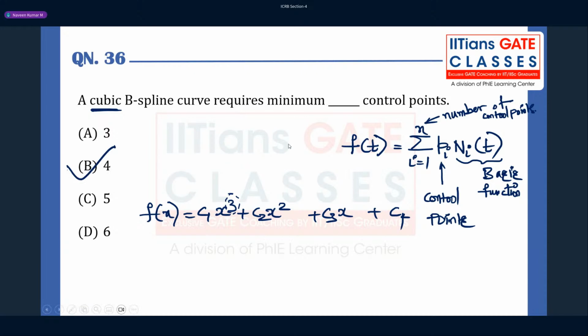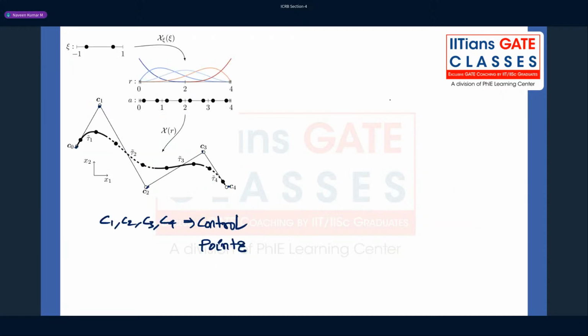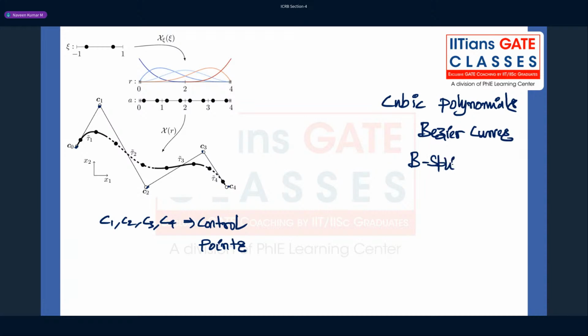So coming to this B-spline, there's a progression that is happening. First they have simple cubic polynomials, what we have written here. Then we have Bezier curves, Bezier was a German. And then we have B-spline curves, even surfaces also, but we are discussing in the context of curves.